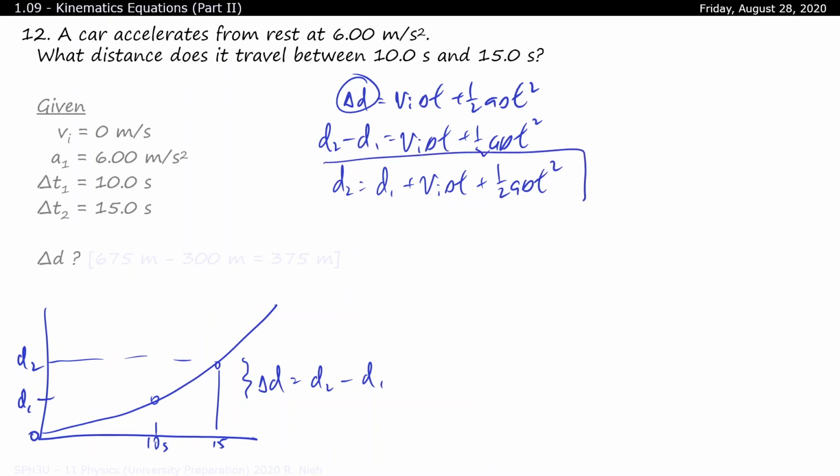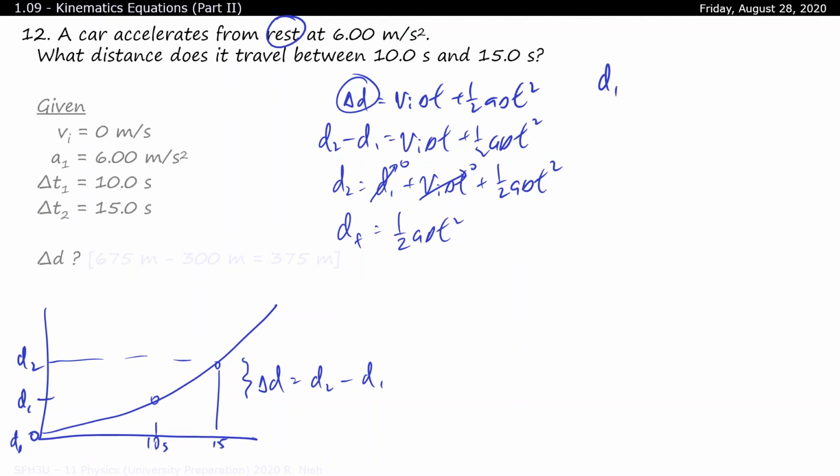In fact, some textbooks show this as a third kinematic equation, because it too is also correct. As we stated, initially we started at a position of 0, so that value goes to 0. Also, it starts from rest, so this term also goes to 0. So wherever you are at the end, your final position is just simply equal to 1/2 a delta T squared.